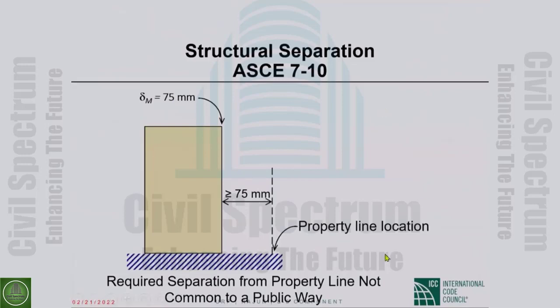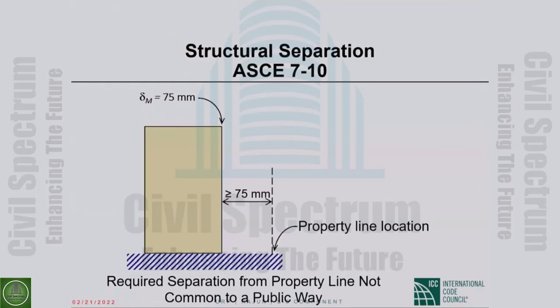The adjoining building also has to be set back by the roof displacement, which would be, what did we say, 150 millimeters from the property line. And then the gap between the two would be 225 millimeters.